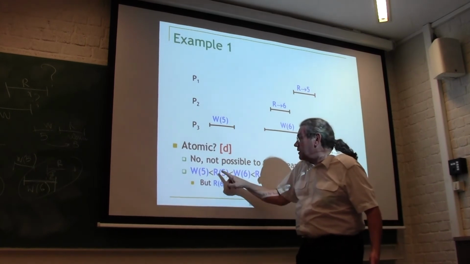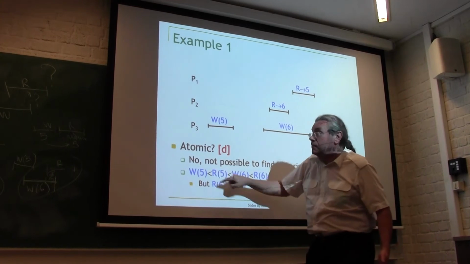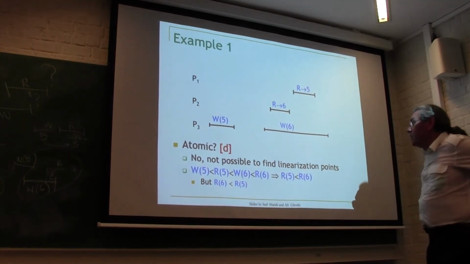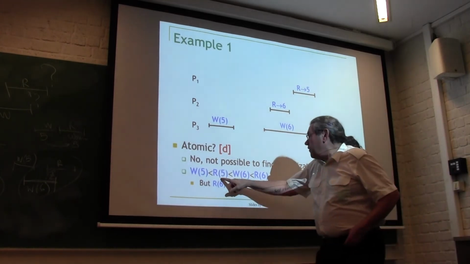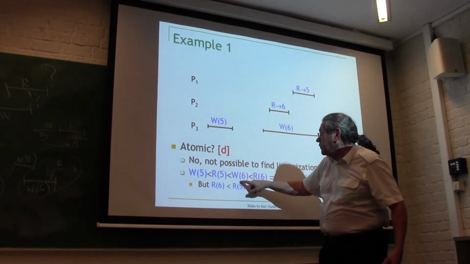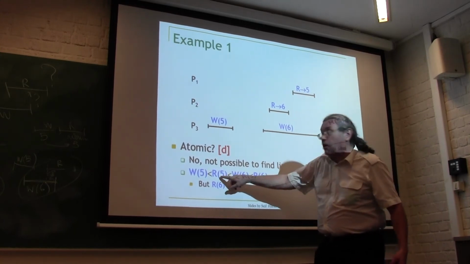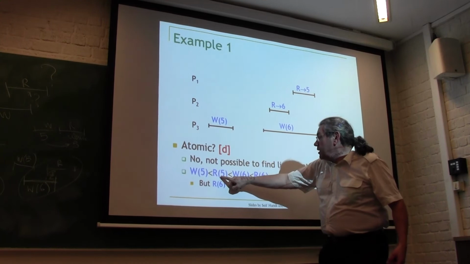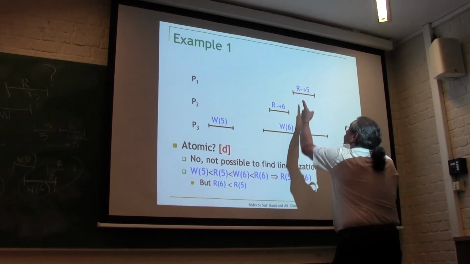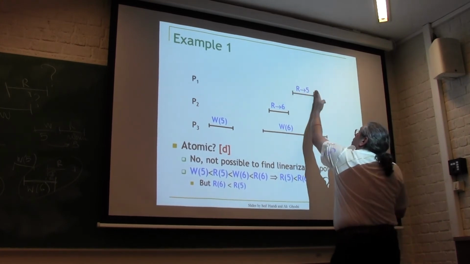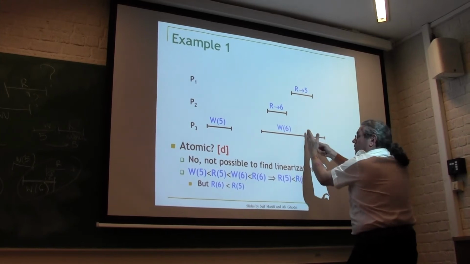So the instantaneous write time is before the instantaneous read time. Now, the read of 5 has to be before the write of 6, because once we write a 6, we cannot read 5 anymore. So the read 5 time, which is somewhere here, has to be before the write 6 time, which must be here somewhere, right?